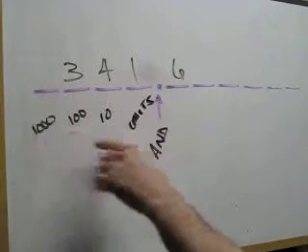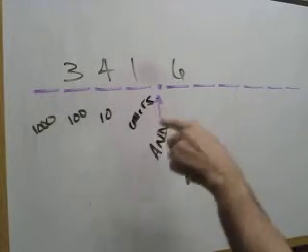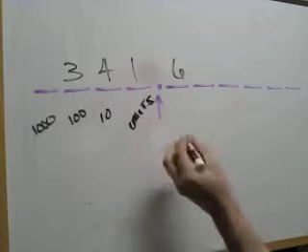To the left of the decimal, we have units, tens, hundreds, thousands. To the right of the decimal, we do not start out with units. We start out with tenths.